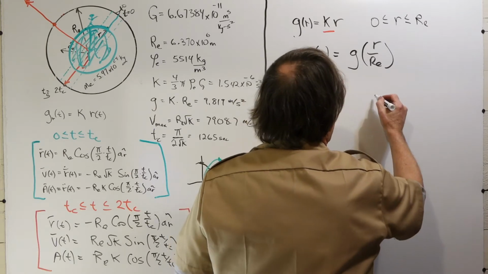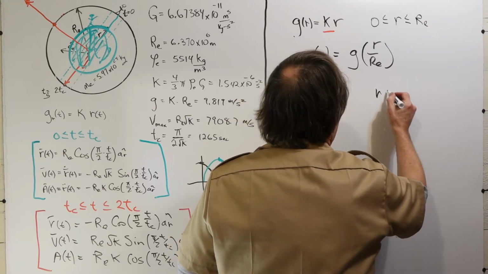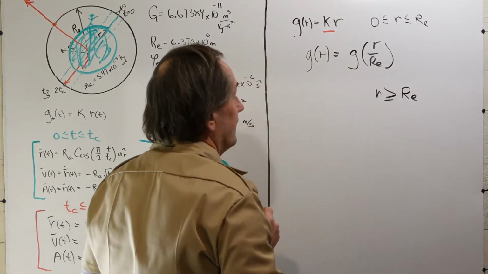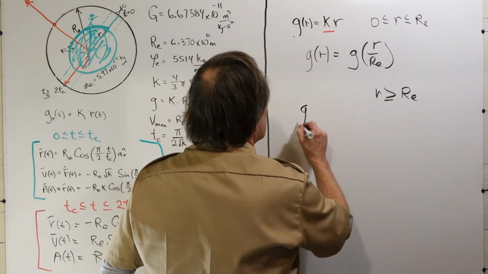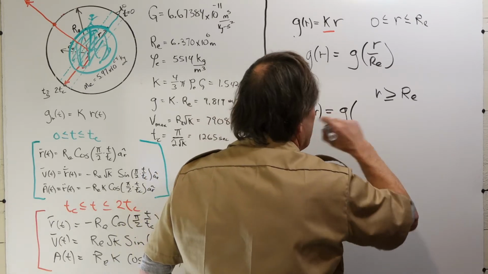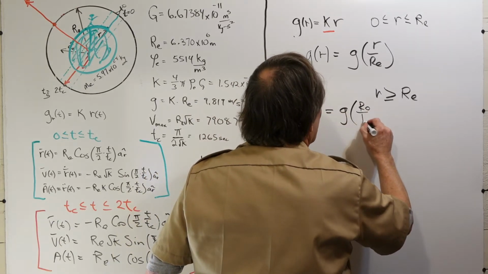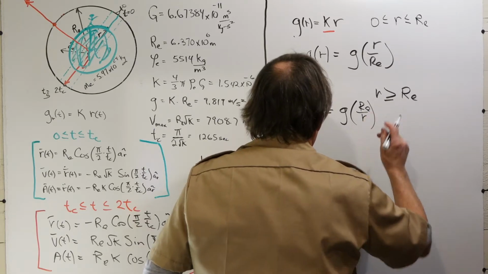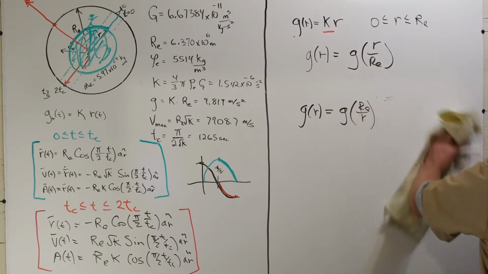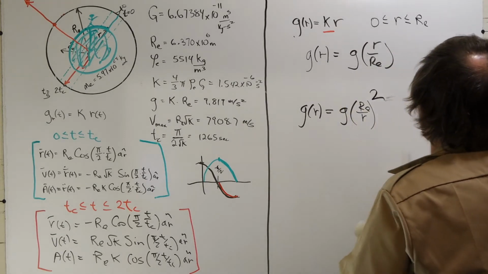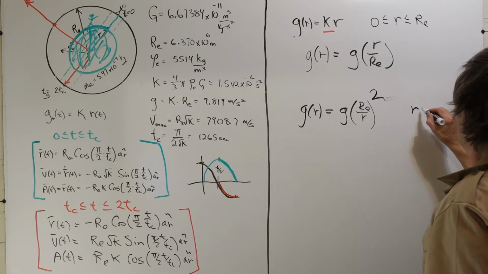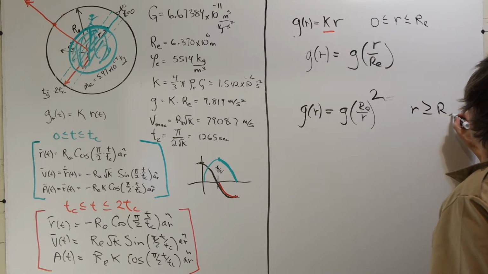Once we leave the surface and r is greater than or equal to the radius of the Earth, then g is g times (R_E over r) quantity squared, for r greater than or equal to R_E.